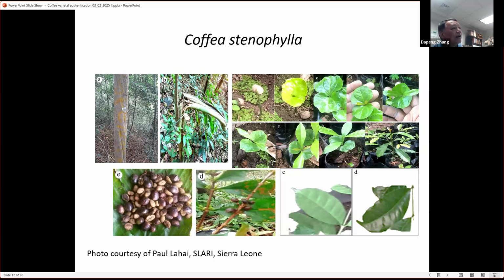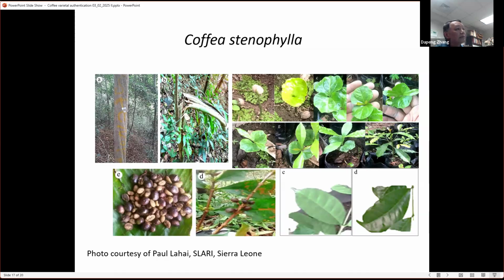This is a rare wild species originating from West Africa, from Sierra Leone, Ivory Coast and Guinea. What's good about this species? It has a good flavor comparable to Arabica, but it's adaptable to low elevation and has good heat resistance and drought tolerance. So it is more robust than Arabica.